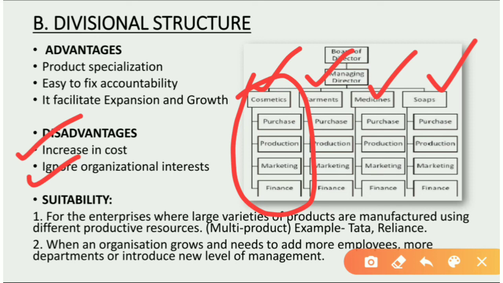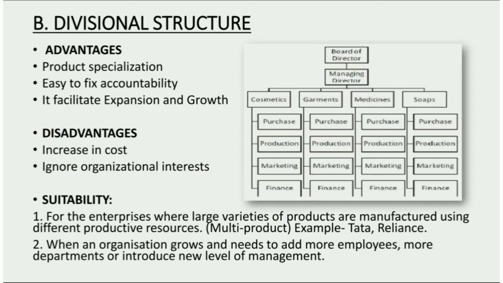They will focus to develop their divisions, and they tend to forget the overall objective of the organization, meaning they focus more on their division rather than on the organizational objective. In this way, the organizational interest is ignored. Okay, so these are the disadvantages of divisional structure.